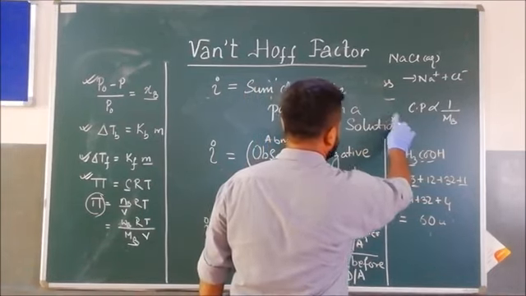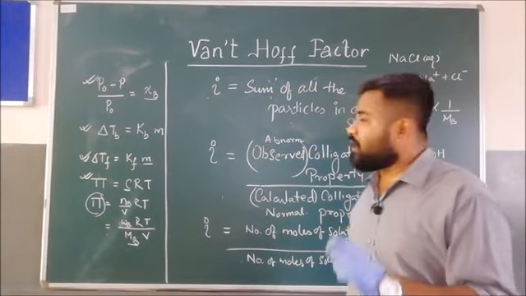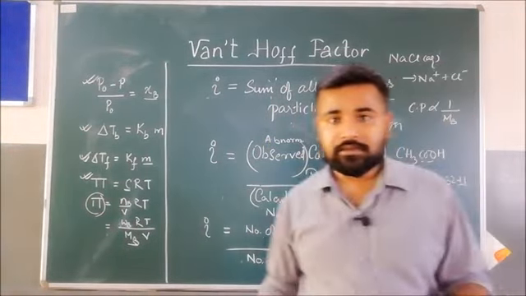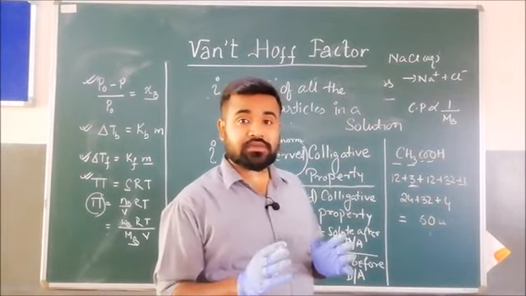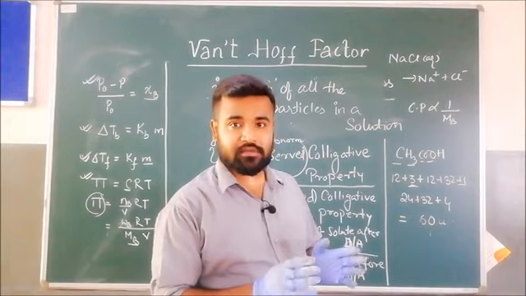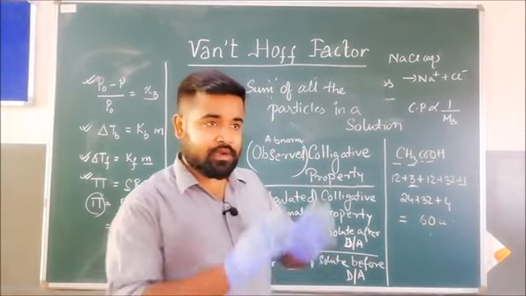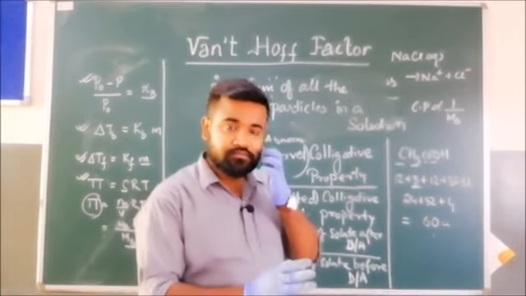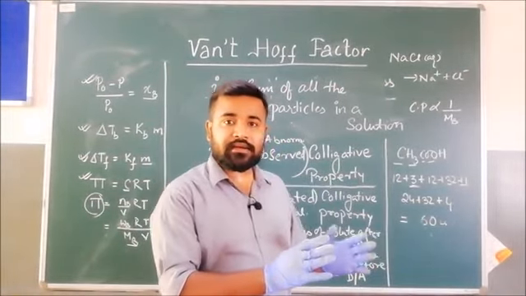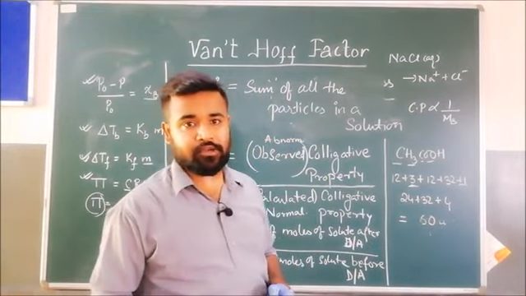Clear? So i can also be found by the summation of all the particles present in a solution. It means the number of particles left in the reactant side plus the number of particles formed in the product side.